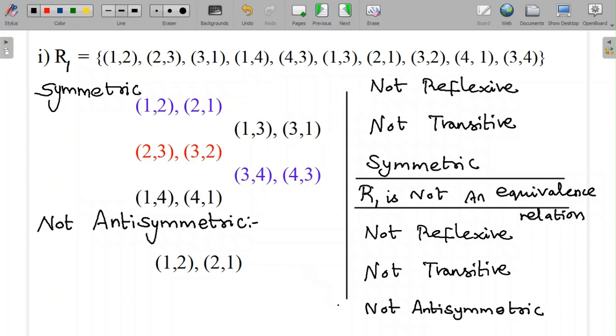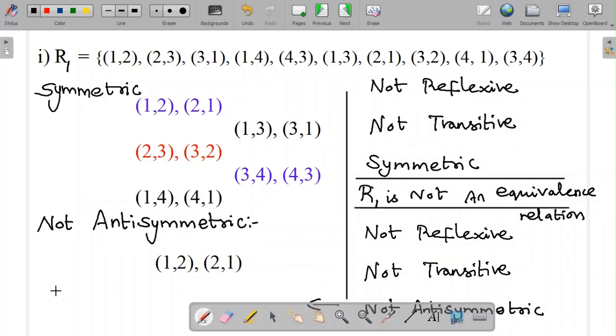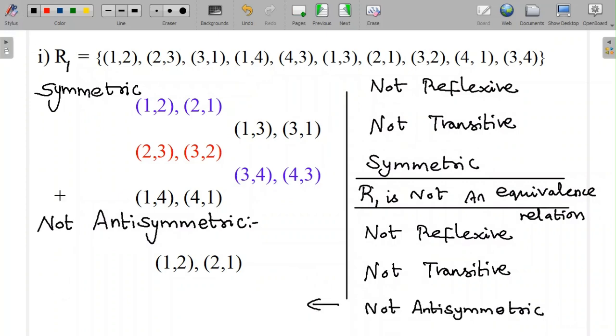So this will mean that R1 is also not a partial order. So it is neither an equivalence relation nor a partial order. That's the outcome of the first example that we discussed.